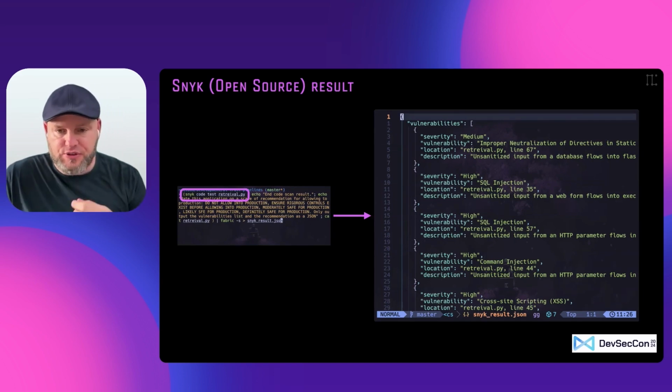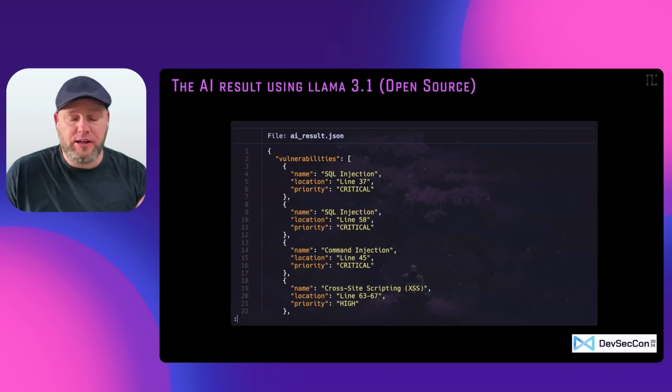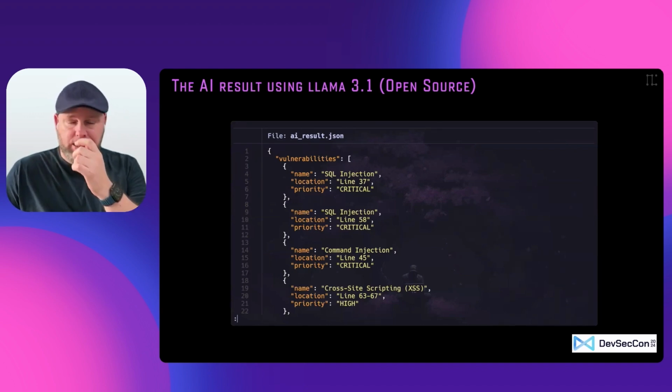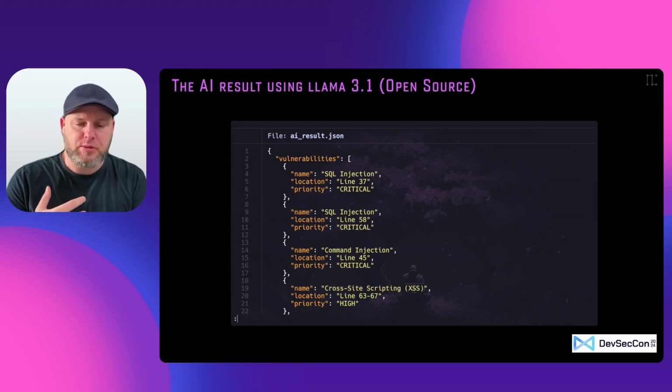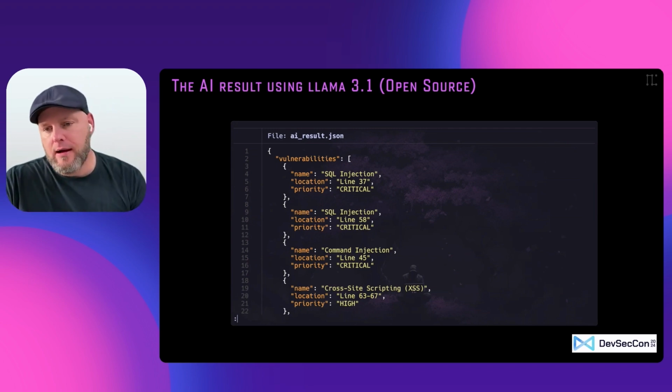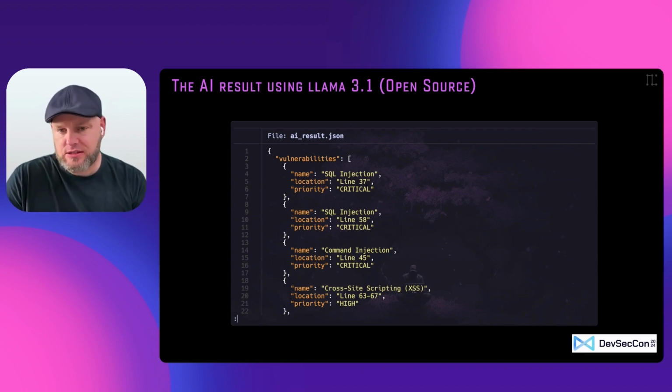So this is the different stuff that Snyk found. Then I ran an AI version of this using, I'm not sure which model for this one, but they pretty much all came back similar. And got back different results, right? Not quite as good in this case as the Snyk ones. And it also produced a JSON output.